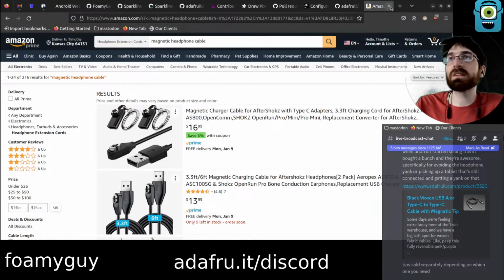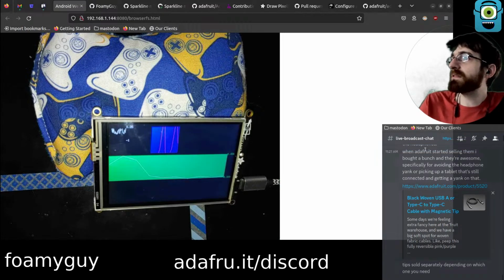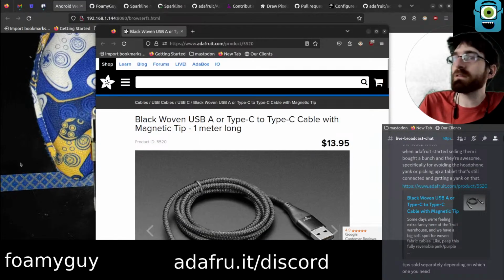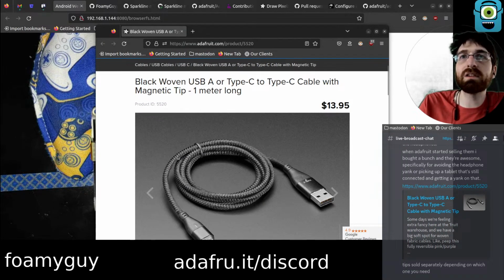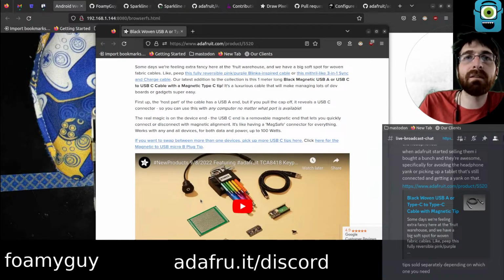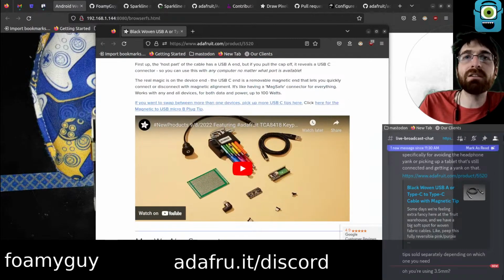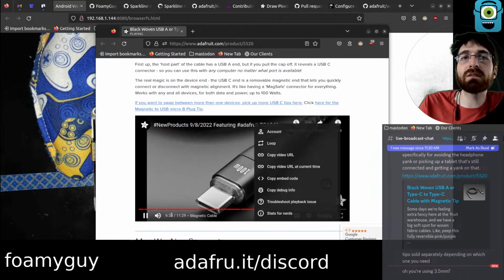Alright. Oh, that's a black woven. Oh, it is USB that you used. Okay. I do have these cables. Are these with magnetic tips? Oh no. With magnetic tips. Wait, so the end comes off, or? Yeah, it looks like the end comes off there.